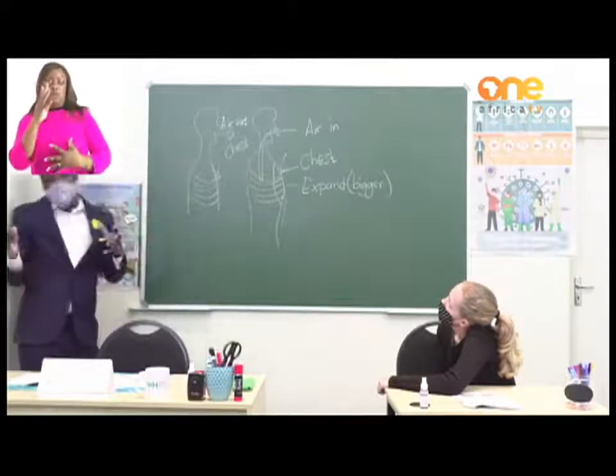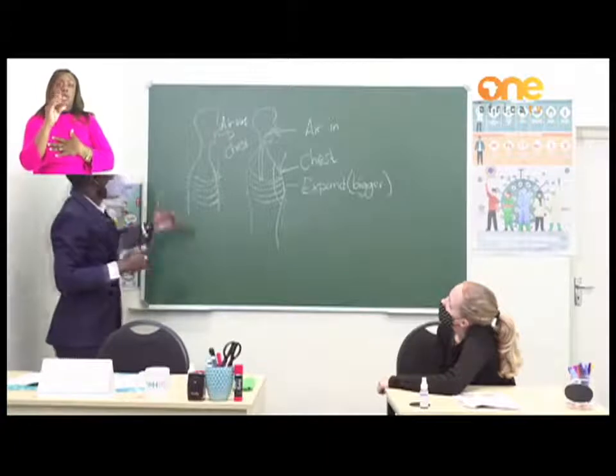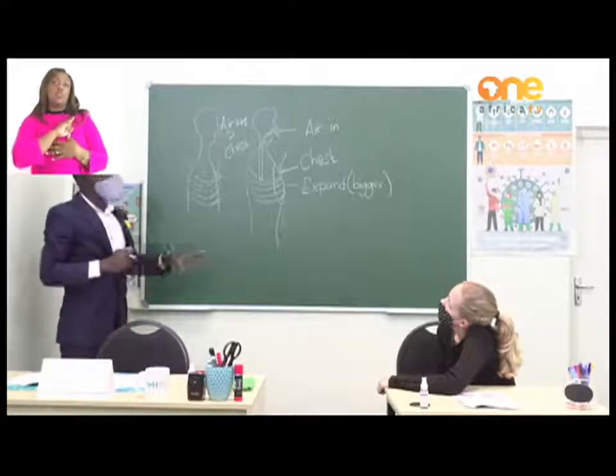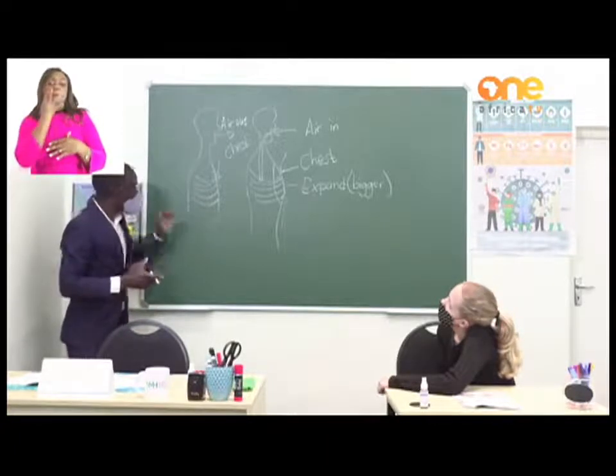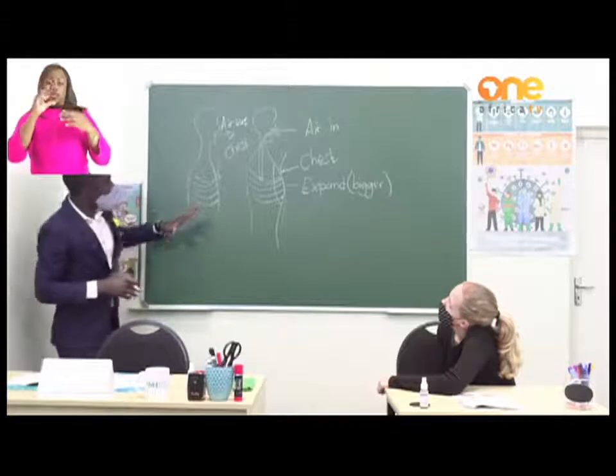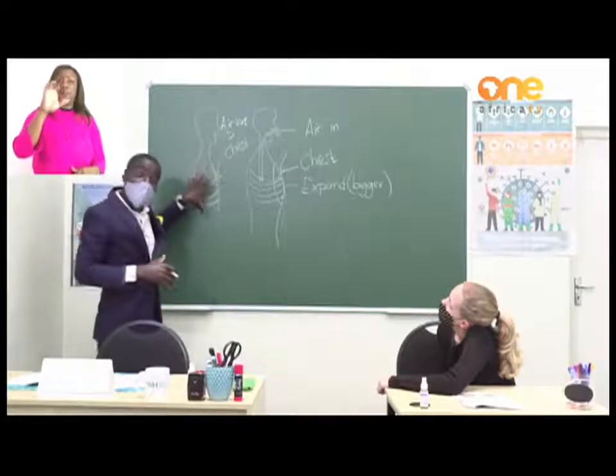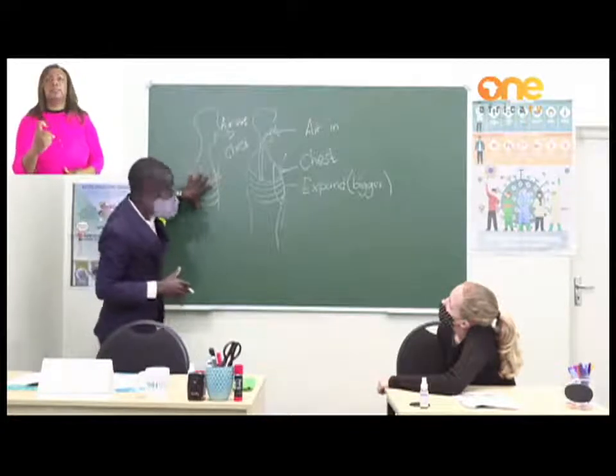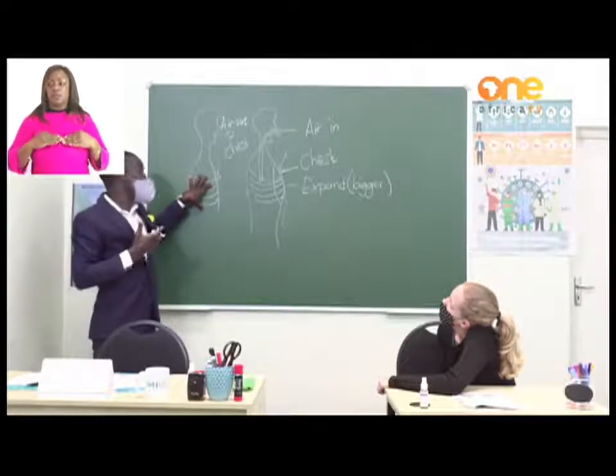Why should the chest become smaller? Why does the chest have to become smaller during the exhalation process? We are saying that now I have to empty this air from my chest or from my lungs.